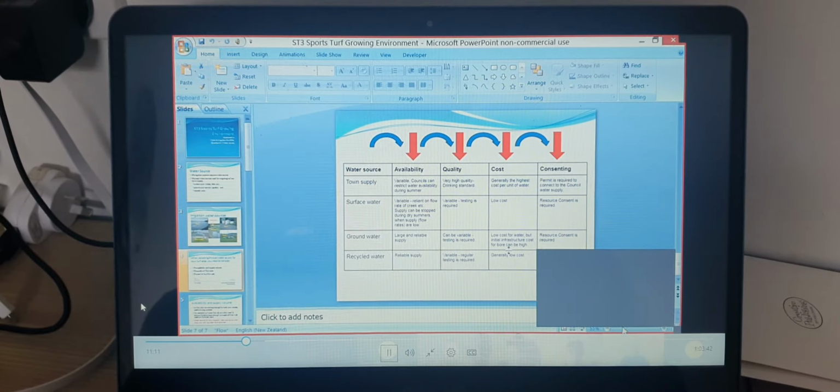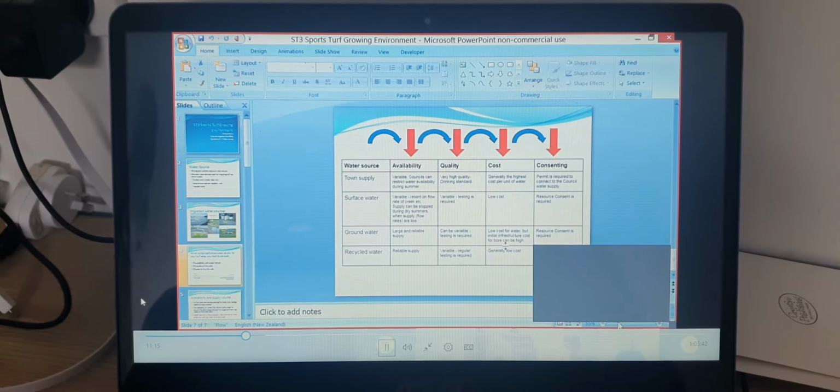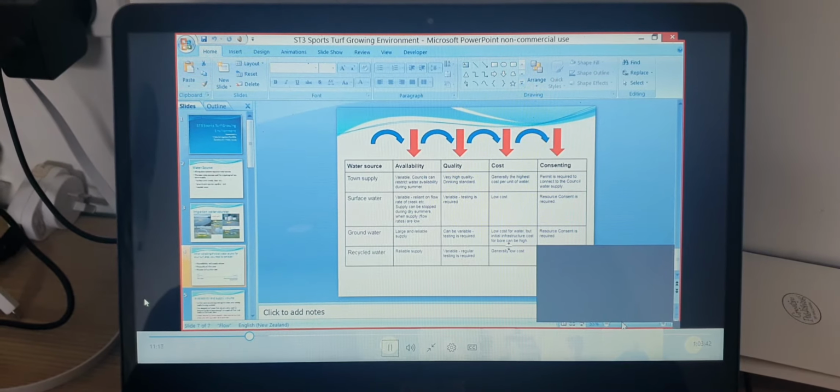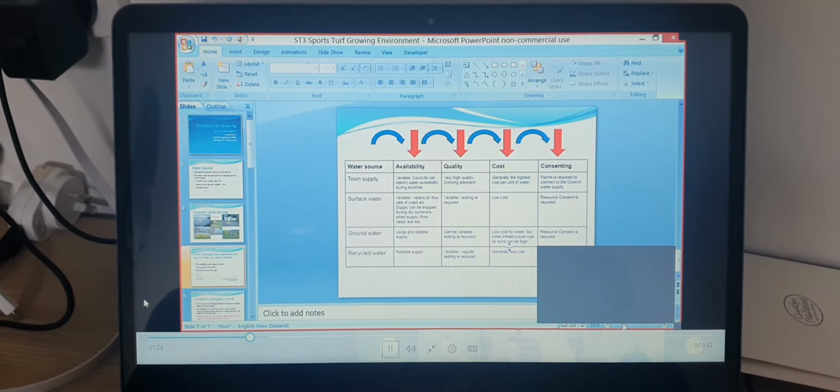So do you have an idea of what is the ideal water source in terms of the turf operation, or does it differ between different operations?